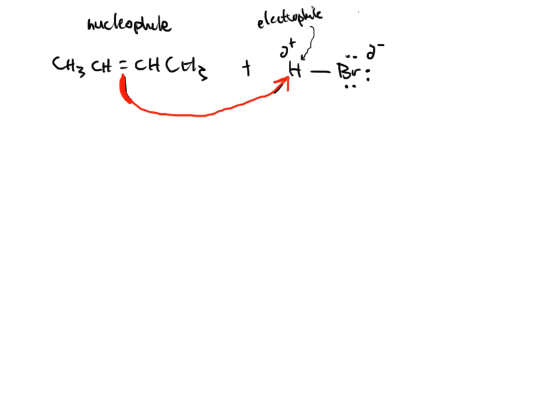And hydrogen's going, oh, okay, you know, I've been in this relationship a little bit now, and it's just not quite working for me. Bromine takes everything that I have. Bromine takes every dollar and every cent, every bit of energy that I provide to this molecule. It's just not equal. It's not fair.